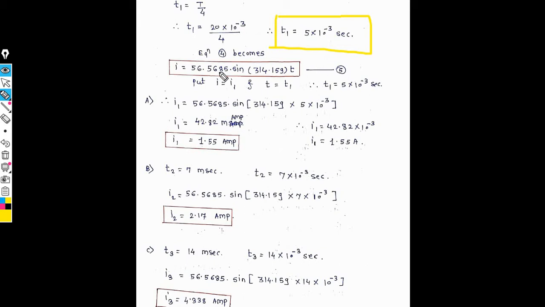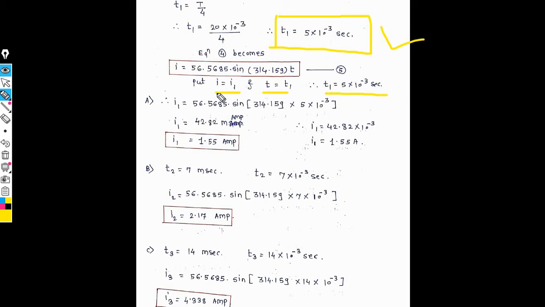This is the equation we have already calculated first: I is equal to 56.5685 sin 314.159 into T. Then put I is equal to I1 and T is equal to T1. The value of T1 is 5 into 10 raised to minus 3 second. Put T is equal to T1, that is 5 into 10 raised to minus 3.